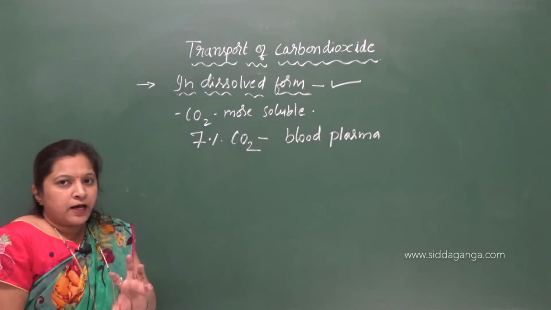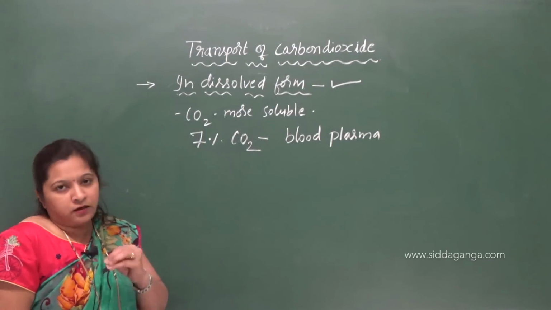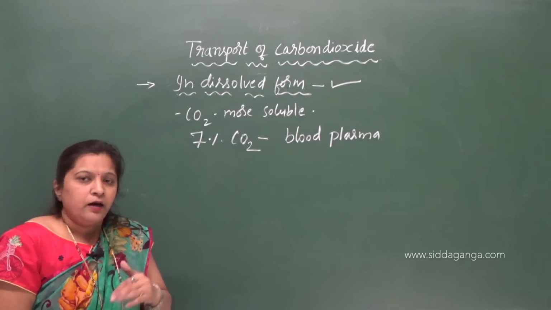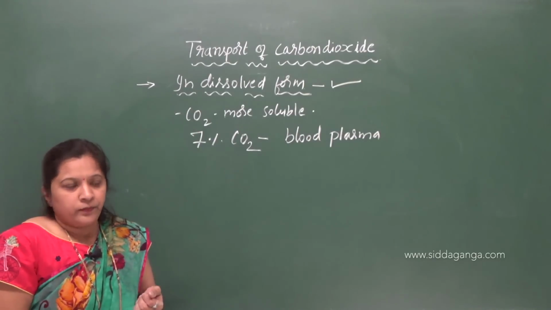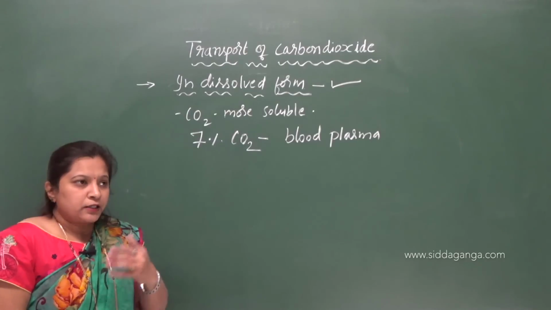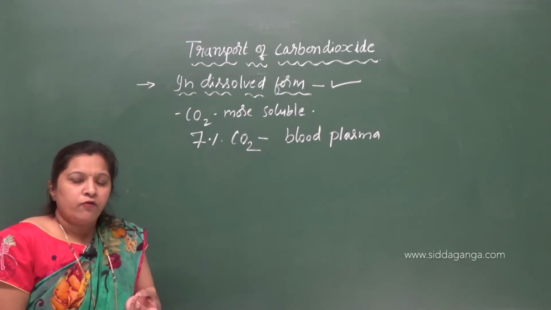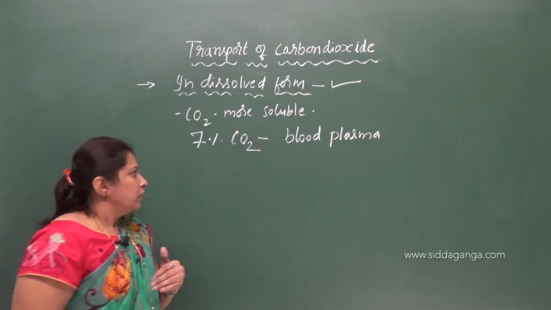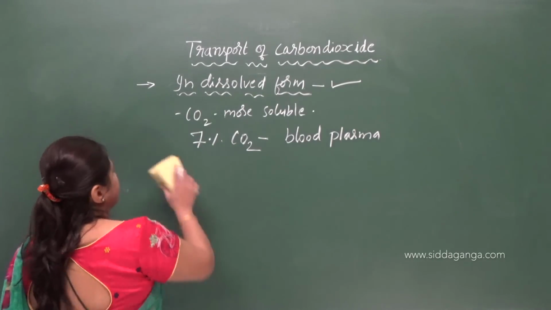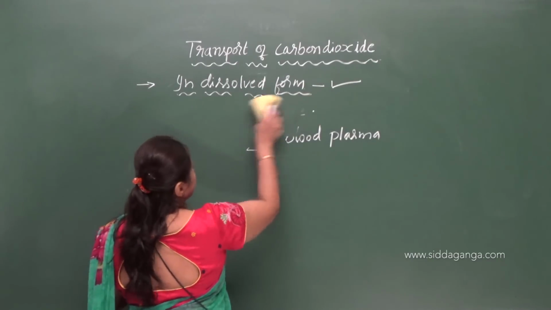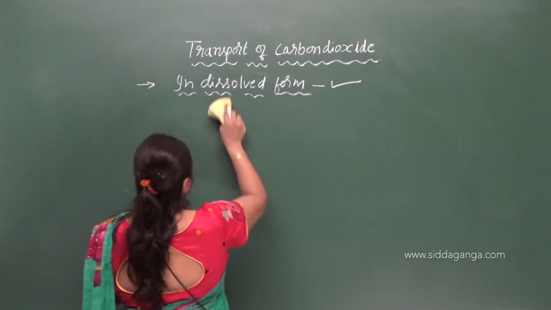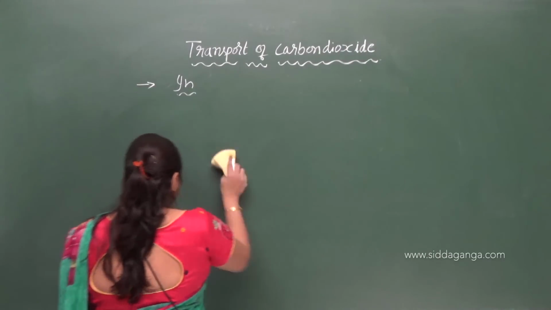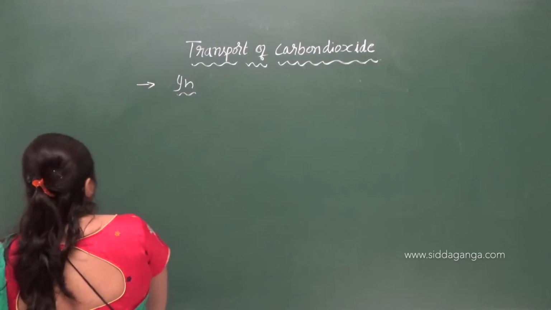The remaining carbon dioxide is transported in the form of bicarbonate and as carbaminohemoglobin. So 7% gets dissolved in the blood plasma, and the remaining carbon dioxide will enter into the RBCs.